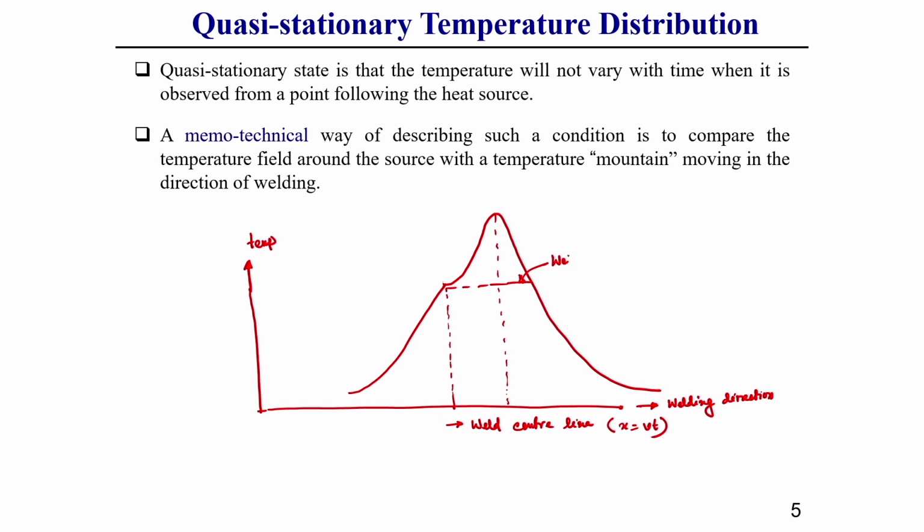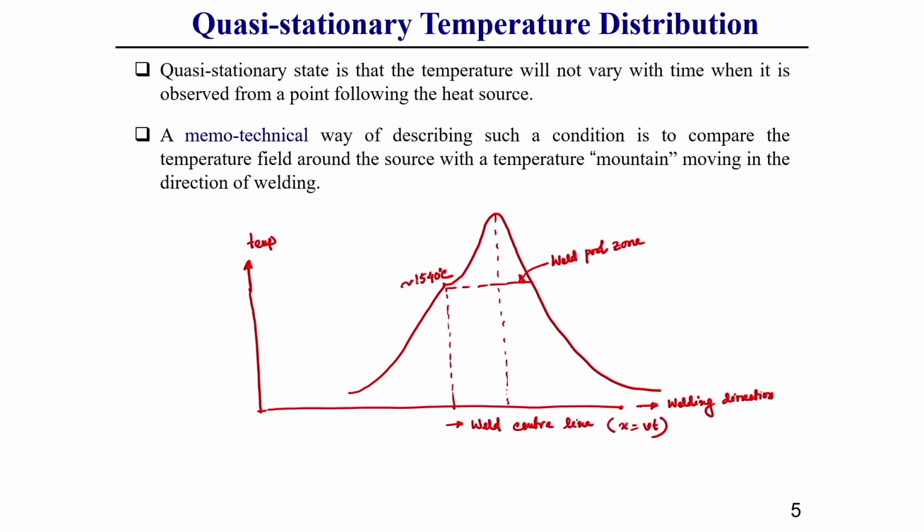Let us consider how the peak temperature distribution looks like at the weld pool zone. In case of steel, the melting point temperature is around 1540 degrees centigrade, you know these things approximately.